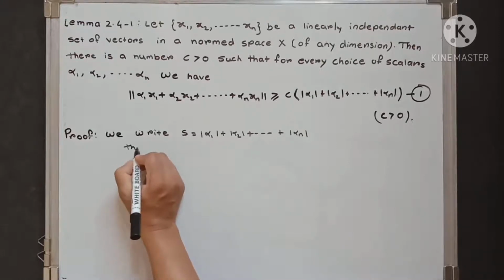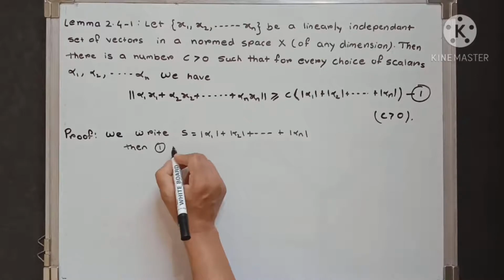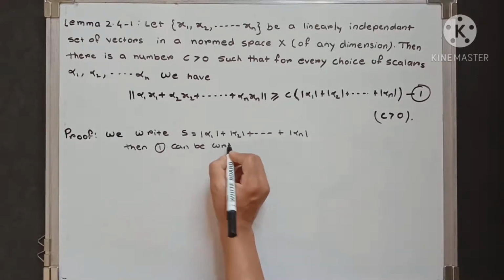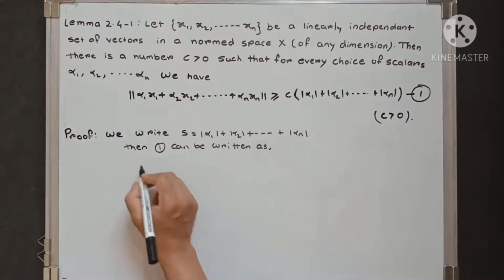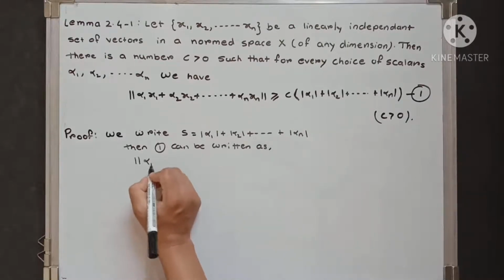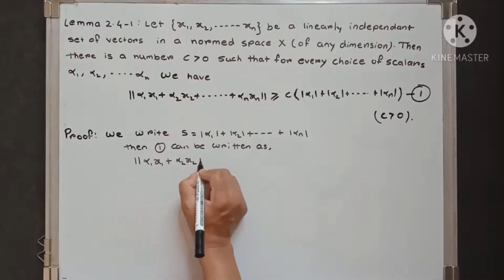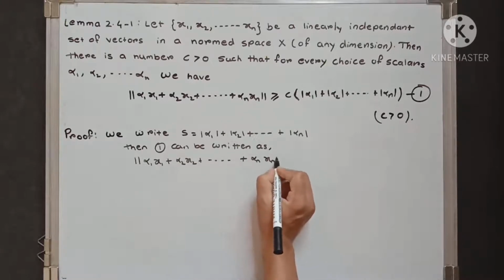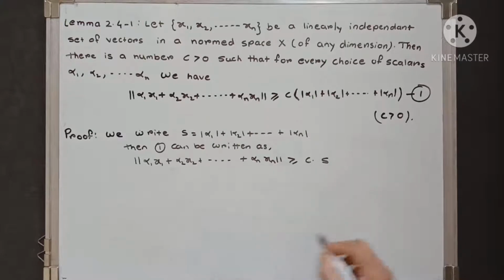Then equation 1 can be written as: norm of alpha 1 x1 plus alpha 2 x2 up to alpha n xn is greater than or equal to c into s.